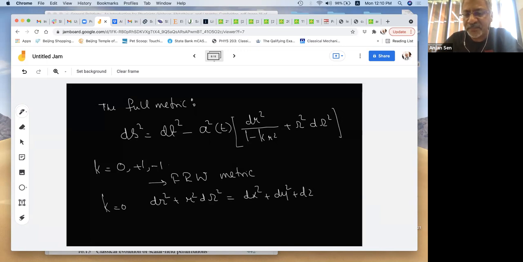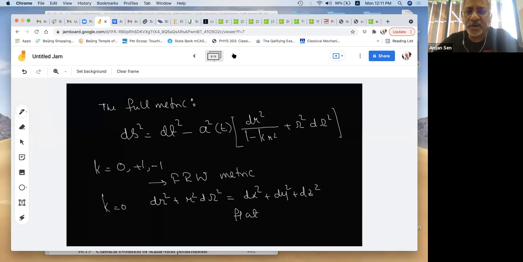So this is a flat Euclidean space, because I can do this transformation, like x is equal to r sine theta cos phi, y is equal to r sine theta sin phi, z is equal to r cos theta, and then from here, let's say r is 1, then I can get this part, and this is just a flat Euclidean space. So this is flat. Okay, so for k equal to 0, the curvature is 0, so we just get a flat space. The 3D space is flat, fine.